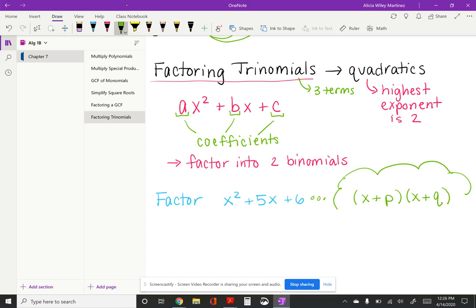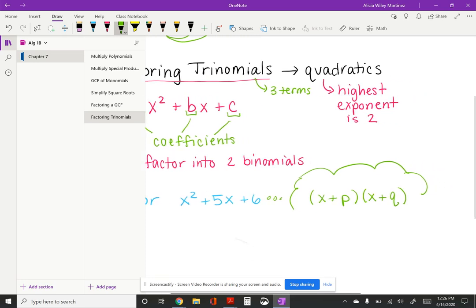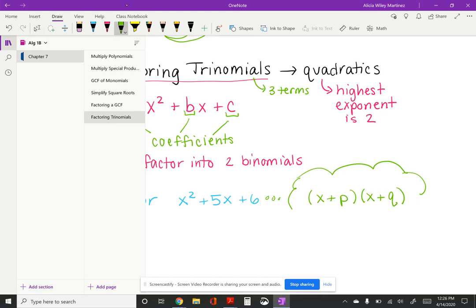Where the p and the q are going to represent some kind of number, positive or negative values, okay? So let's just for a moment talk about what would happen if we multiplied this, using that FOIL multiple distribution method on it.